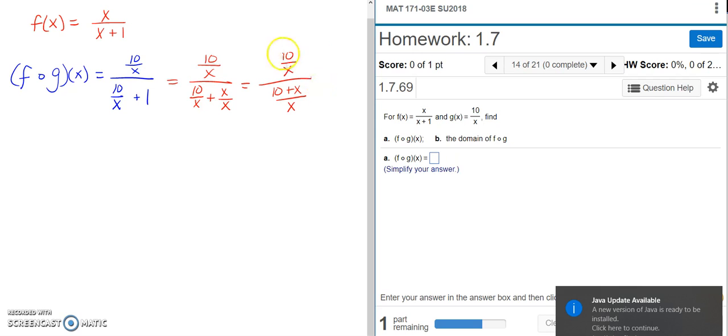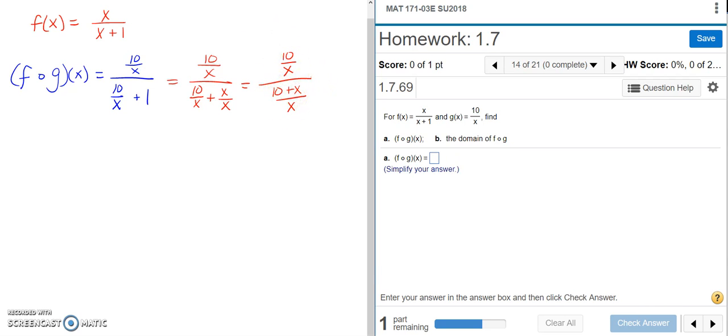Okay? So now we have a fraction divided by a fraction. And so to solve that, we keep the first fraction the same, so 10 over x. We're going to multiply by the reciprocal of the second fraction.